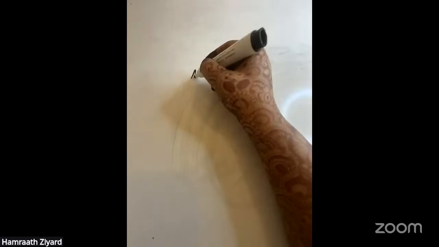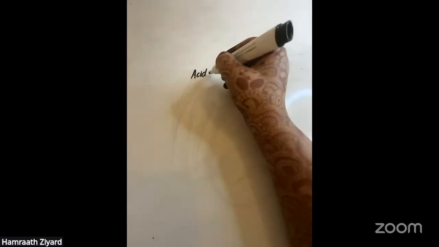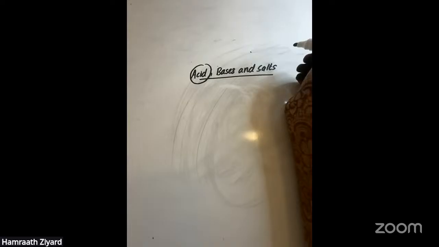So our unit 7 lesson is about acids, bases, and also what we call salts. These are the things we are going to study. Already you know what an acid is, what a base is, and what a salt is. Now we are going to learn how acid is formed, what the uses of acid are, and what the properties of acids, bases, and salts are.